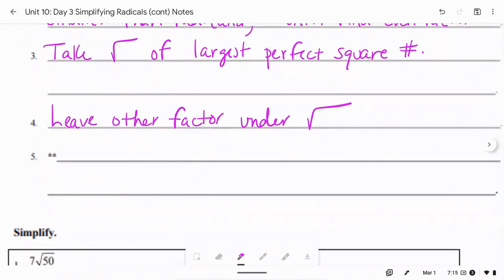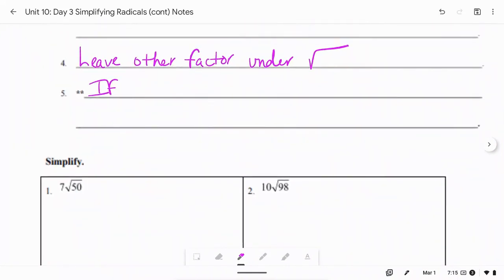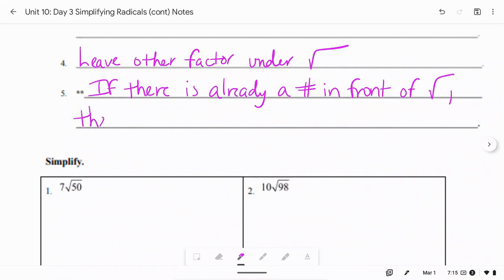Now, step 5, this is the new step, the additional step that we're going to add on. If there is already a number in front of the square root, then you're going to multiply that number by the simplified radical.